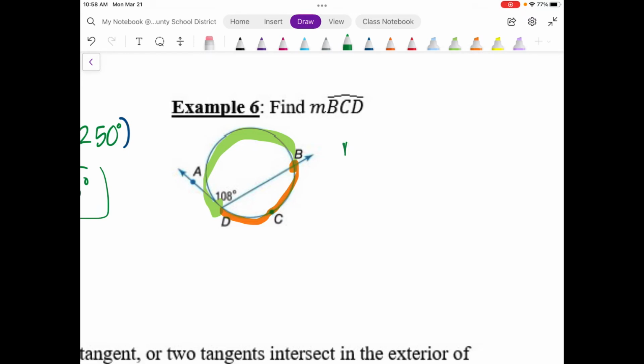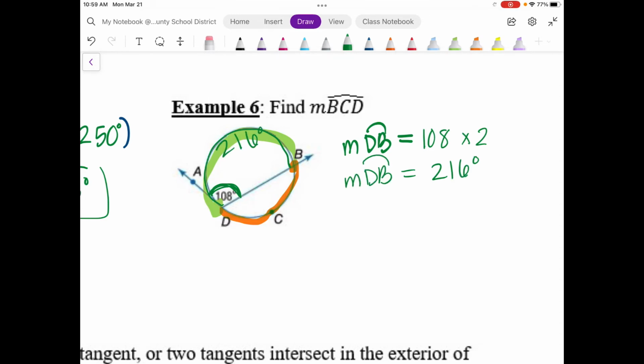I know that's not what I'm looking for, but because I'm given the little angle, I know that this is going to be double that. So essentially I'm taking 108 and multiplying it by 2. So that is 216 degrees right there. Okay, so that's the measure of DB in the green.